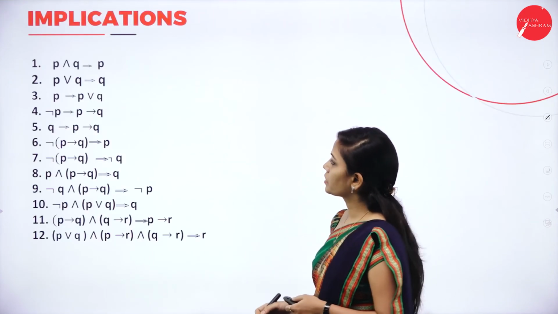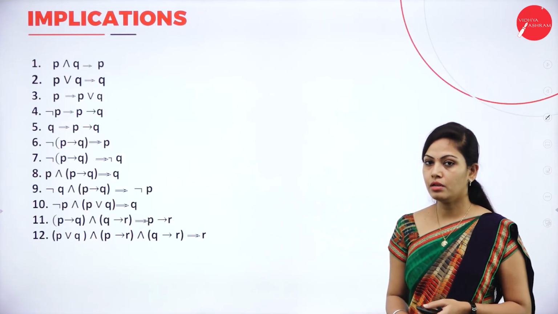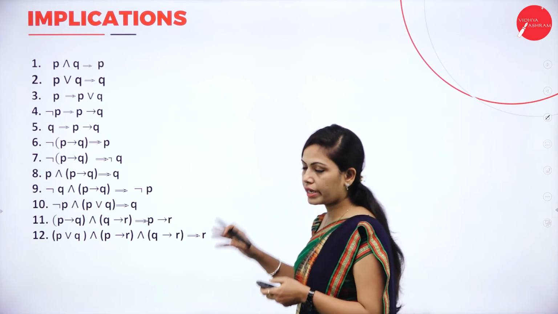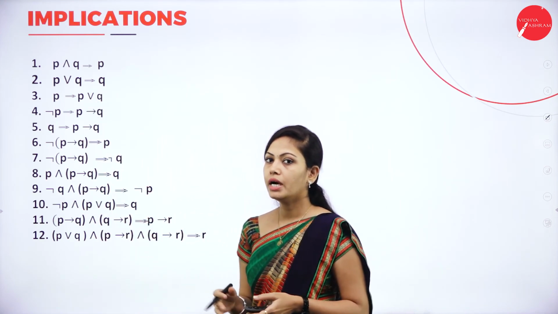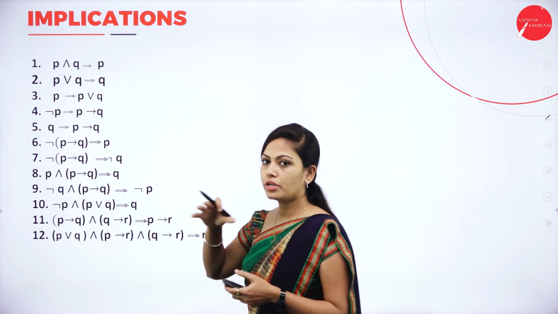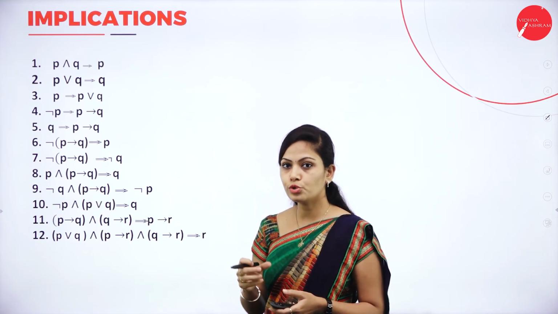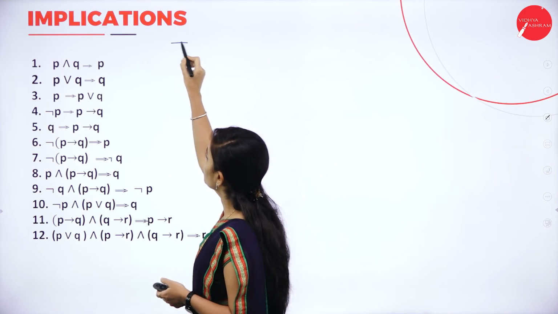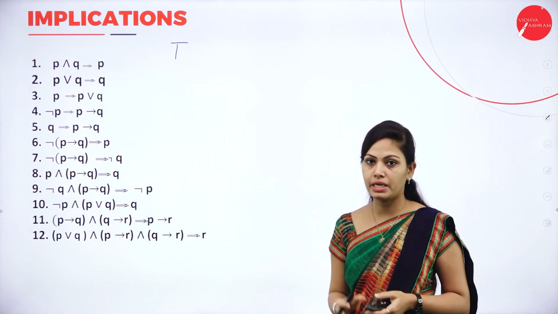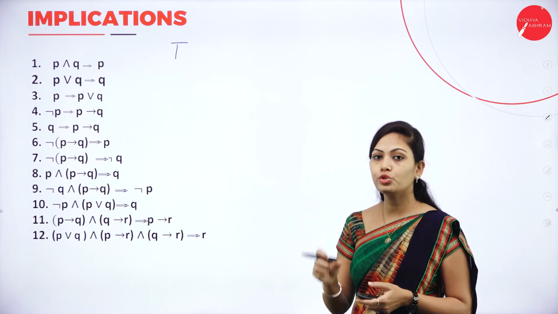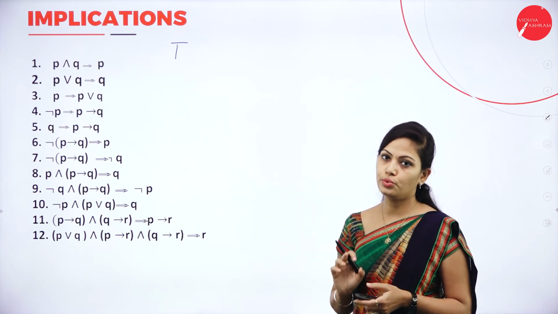So now, this is the table for implications. This is a very important table. In tautological implications, all the truth values should be true. Then only we can call it a tautological implication. So all the truth values should be true only.